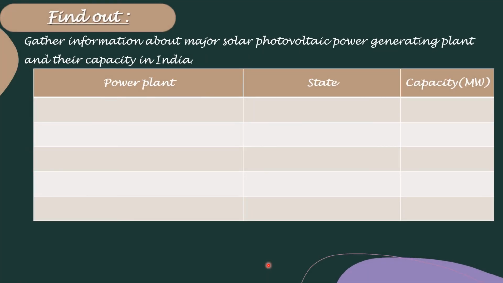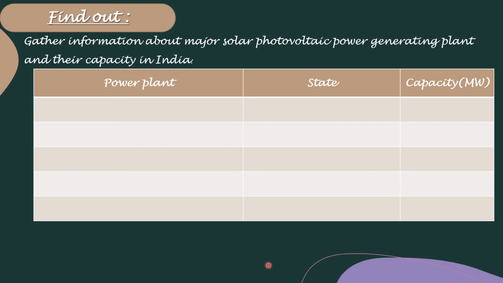Now students, find out by gathering information about major solar photovoltaic power generating plants and their capacity in India. So here we have gathered only a few, that means 4 to 5 solar photovoltaic power generating plants.